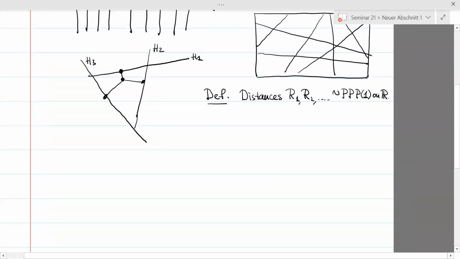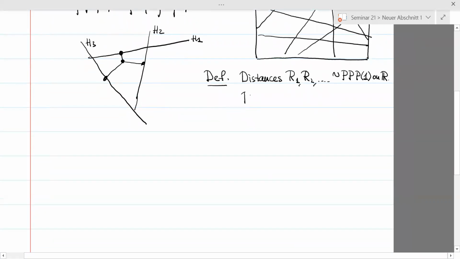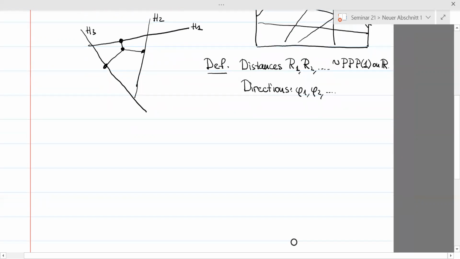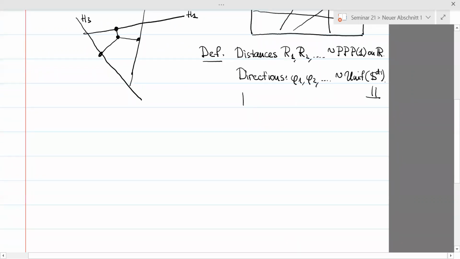So the points are listed in some order, and we need the directions. The directions are called phi1, phi2, and so on, and they are uniformly distributed on the unit sphere in the d-dimensional space. And all these objects are independent of each other, and given these objects, we can construct the hyperplanes.